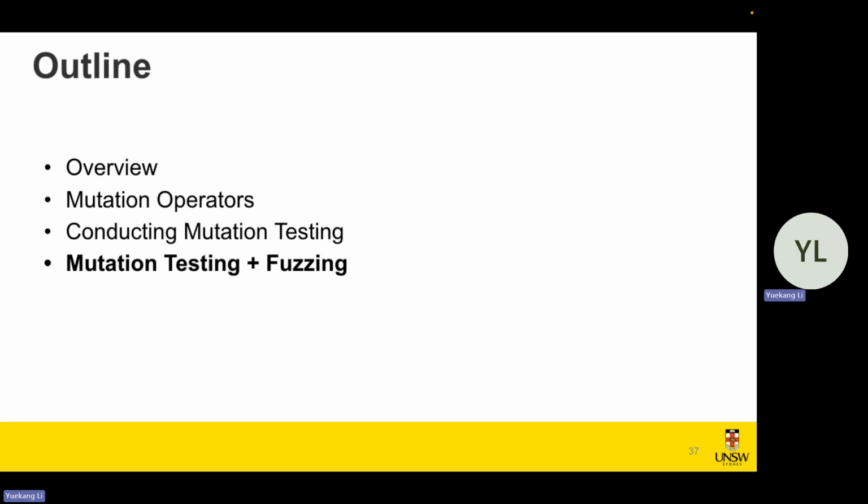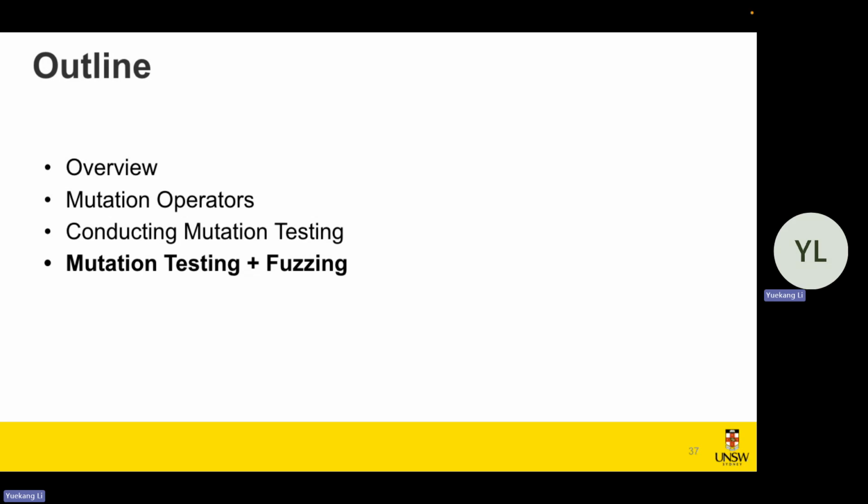We use test cases to evaluate the quality of programs or software. But how can we evaluate the quality of our test cases? The intuition is very straightforward. We can use test cases to evaluate programs. So in return, we can also use programs to evaluate test cases.